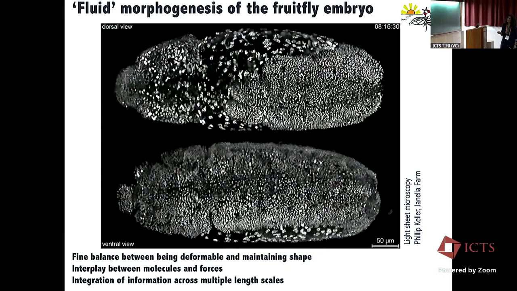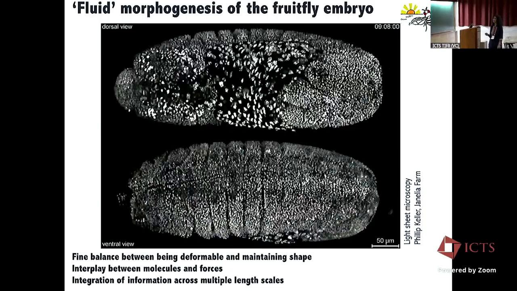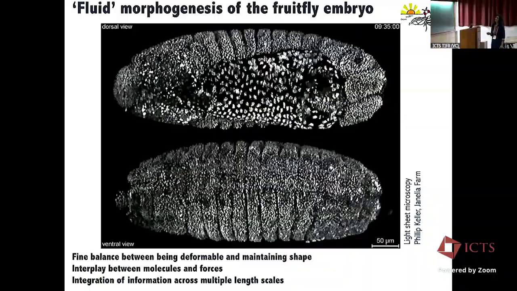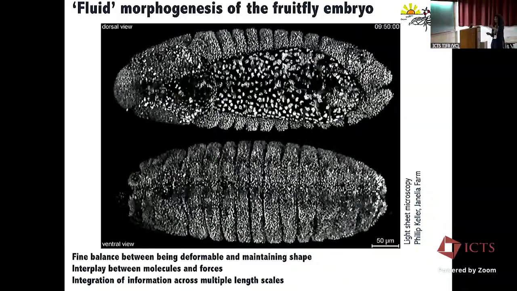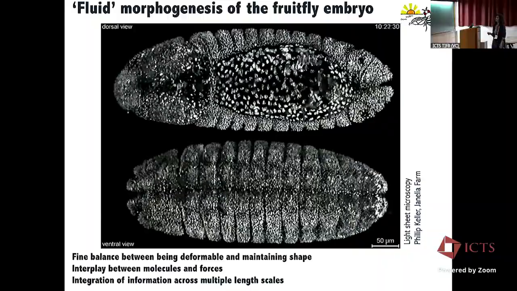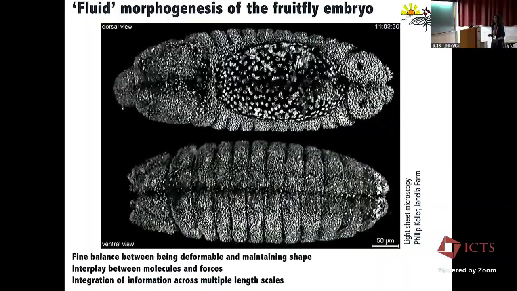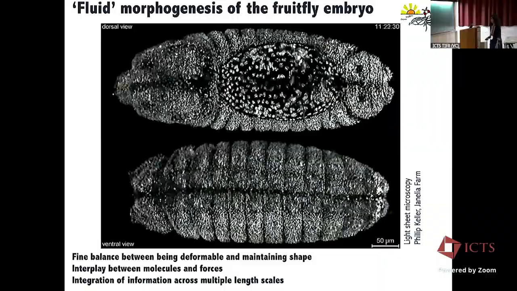Some cells are small. Some cells move collectively. Some cells behave singly. Till at the end of all of these multiple events of deformation, the embryo eventually becomes a maggot and hatches out of its shell.